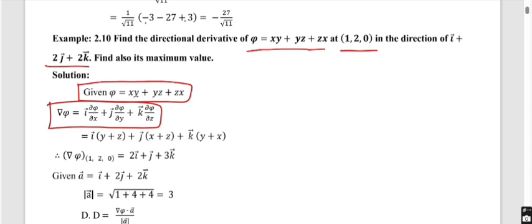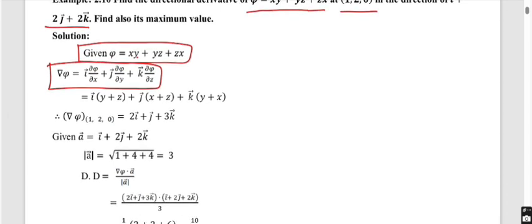Now we find del phi at this given point (1, 2, 0), that is here x equal to 1, y equal to 2, z equal to 0. So here y plus z, we have 2 plus 0, 2i vector, plus j vector into x plus z. X plus z is 1 plus 0, we have 1, so 1 into j vector, plus y plus x, 2 plus 1, and it is 3k vector.